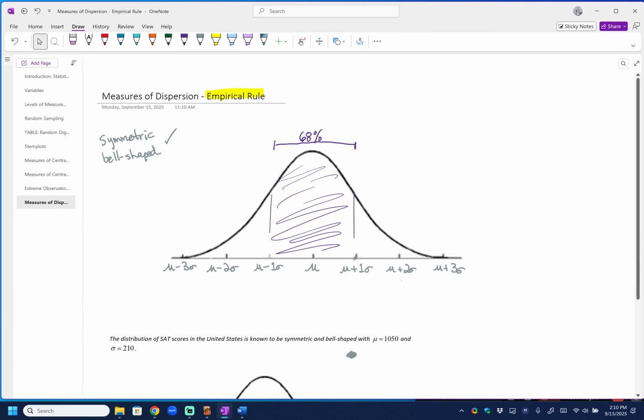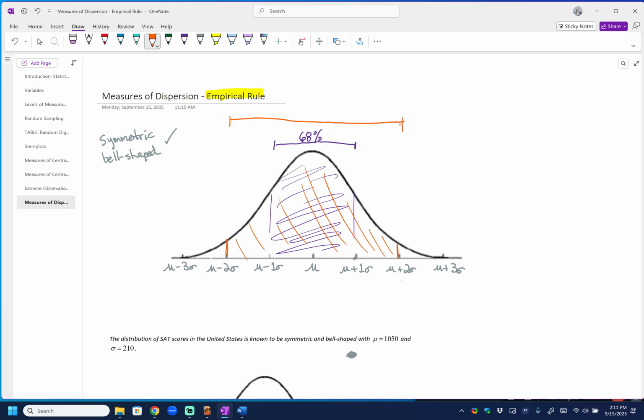Okay, moving on. Let's say we went 2 standard deviations each way. That would be something that looks like this. That would be all of this. So we clearly know that that's going to be larger than 68%. What we do know for sure, based on the empirical rule, is that that will make up 95% of the entire curve.